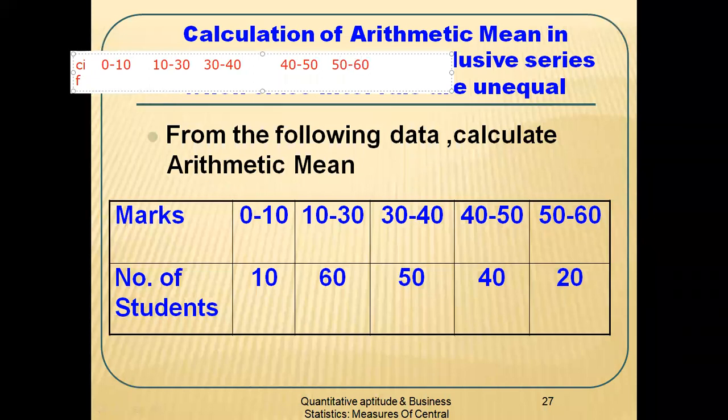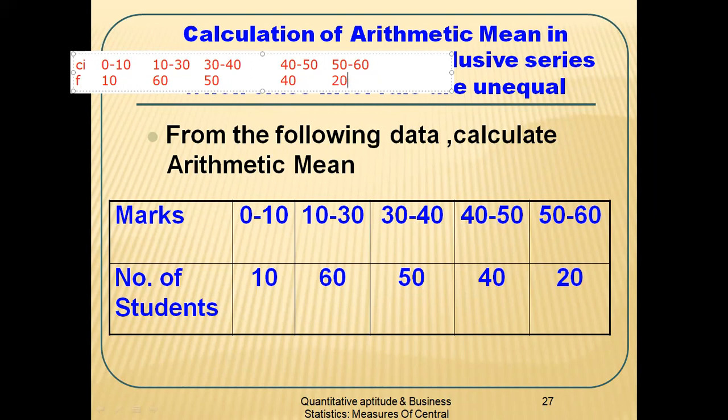So these are the class intervals, and the frequencies are known to you already. The frequencies are 10, then 60, then 50, then 40, then 20. So these are the frequencies.